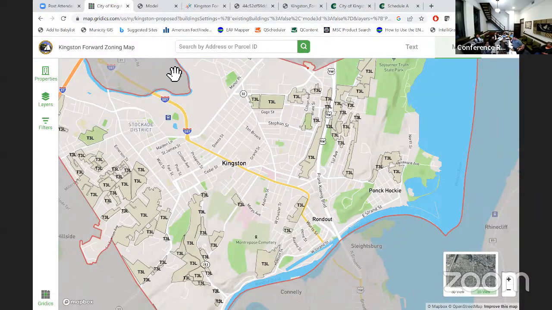So if you wanted to do a subdivision from one lot to two lots, those two lots would still have to meet the general size requirements for that zone. Okay. So potentially, you may not be able to do the subdivision because you're not going to meet the large lot requirements.